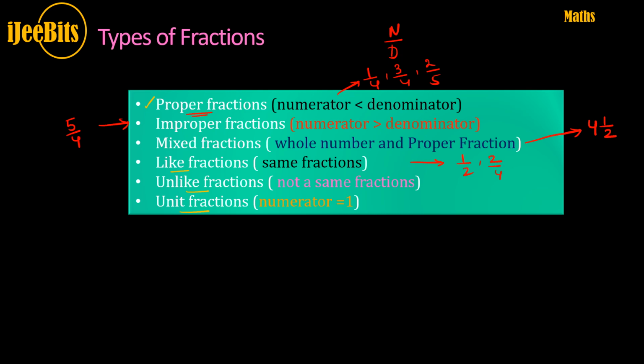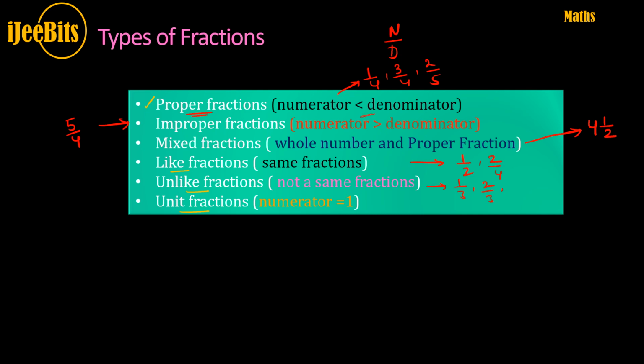These sorts of things we can call like fractions, or the same fractions. Unlike means the other way around. I should put 1 by 3 and 2 by 3. These are not the same, but they are still fractions. And these two are proper fractions because the numerator is less than the denominator.